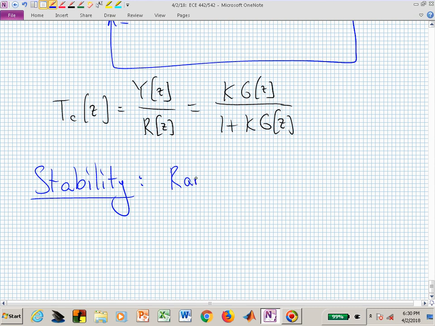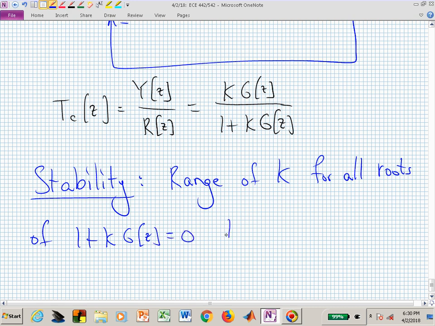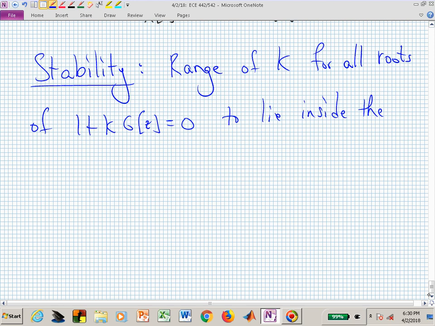We want to know, for stability purposes, is there a range of K, and it's now in the denominator of that closed loop transfer function. What's the range of K for all roots of 1 plus K G of Z equaling 0 to lie inside the unit circle?